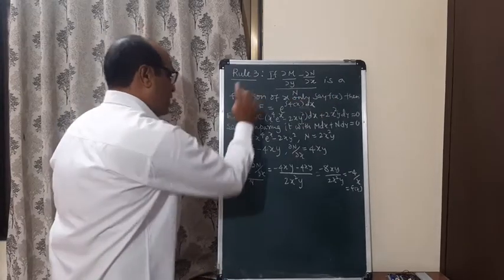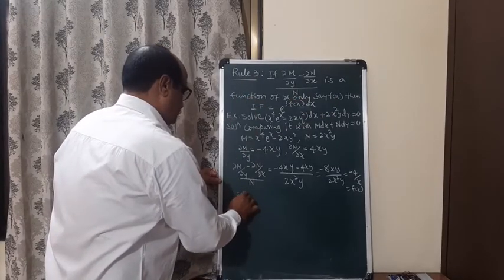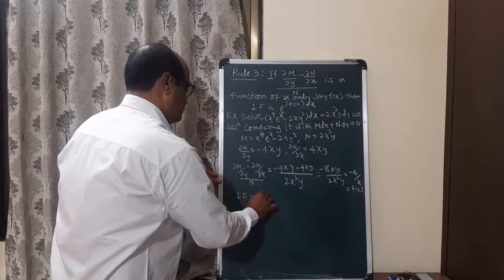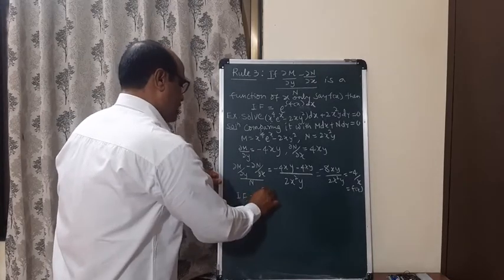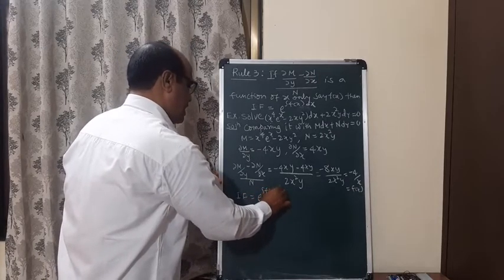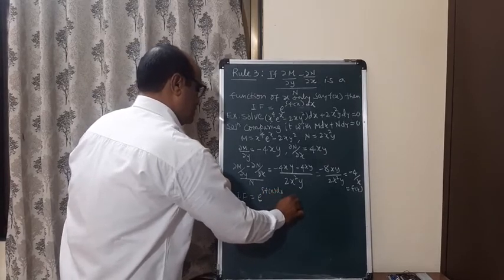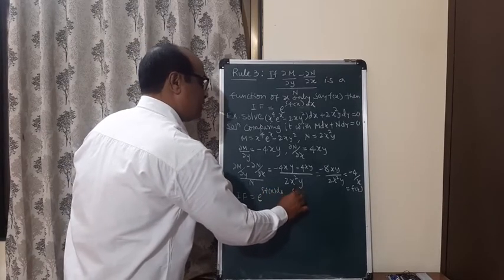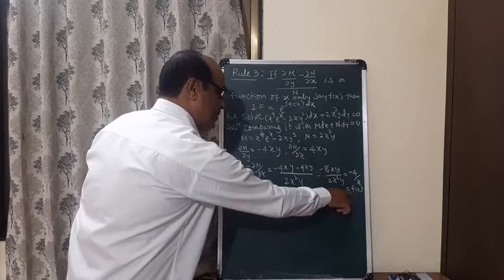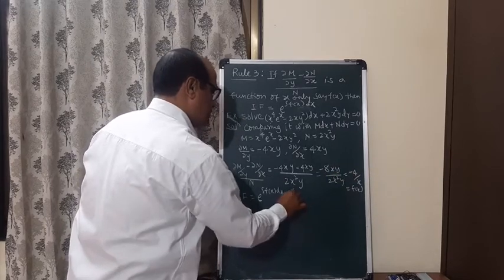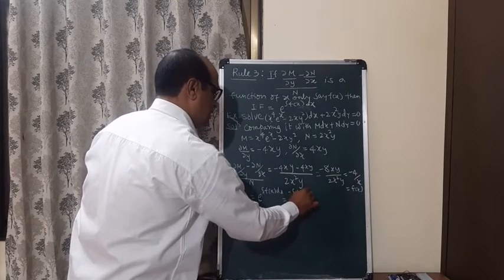Then what is the integrating factor? So the integrating factor is equal to e raised to the integration of f(x) dx. So this is e raised to the integration of f(x), which is −4 upon x, dx.